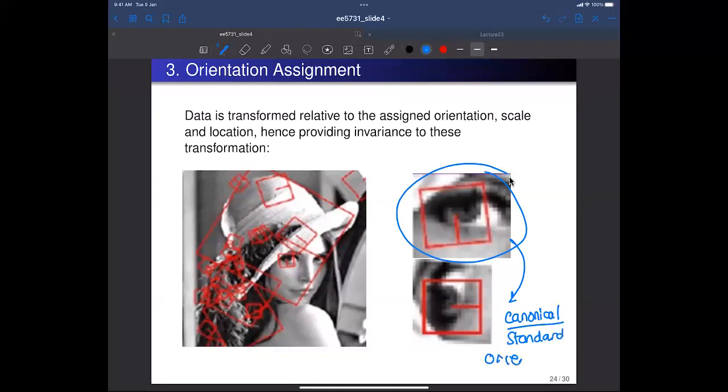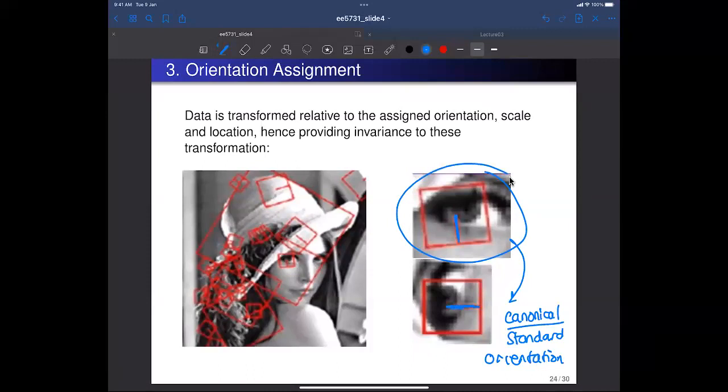And this standard orientation is when the maximum gradient, the most dominant gradient, is always horizontal, regardless of the input image.